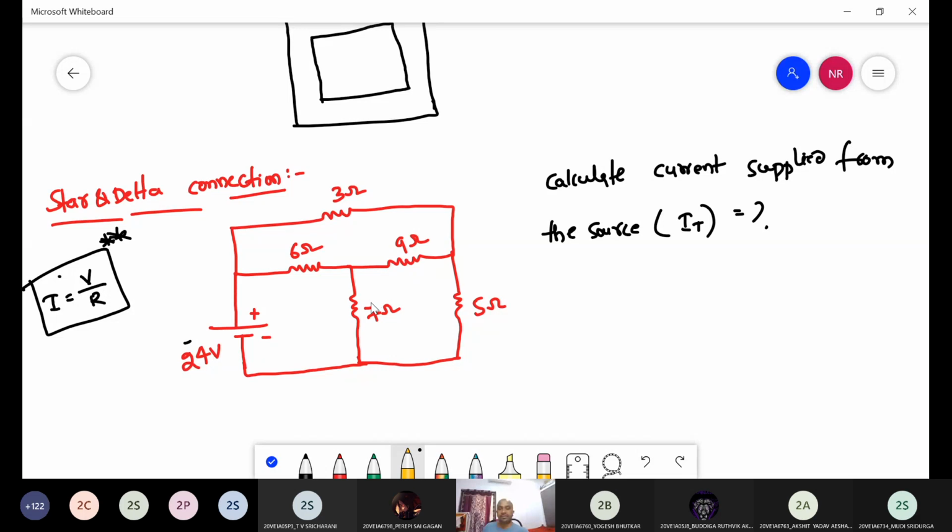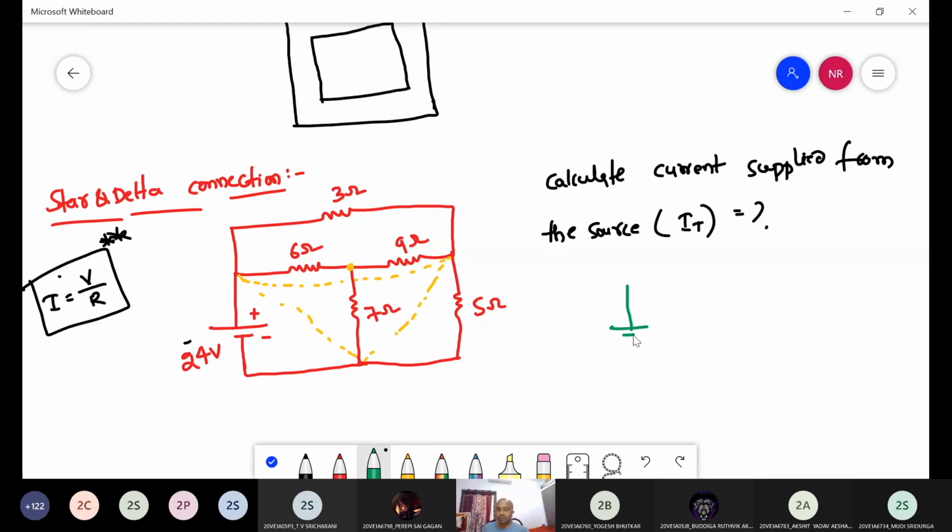If you are considering this 697 star and convert it into delta, right, then the resultant value is like this. I am just showing it with a dot. So now I am drawing according to that. I am drawing the circuit.